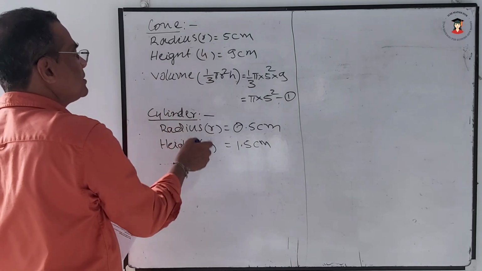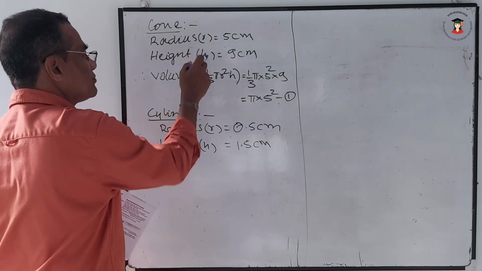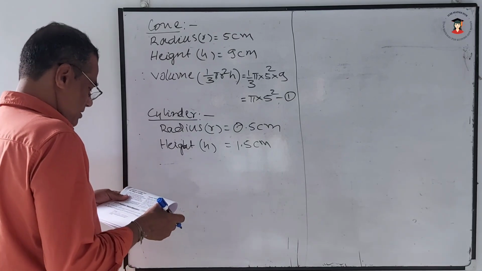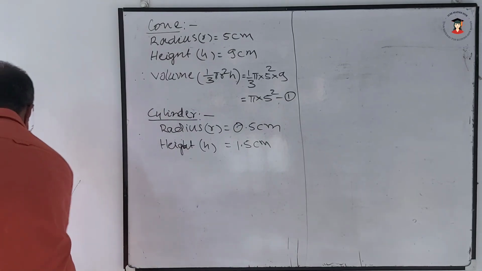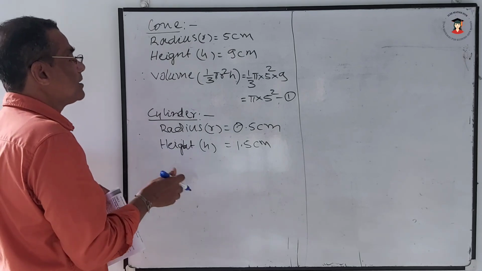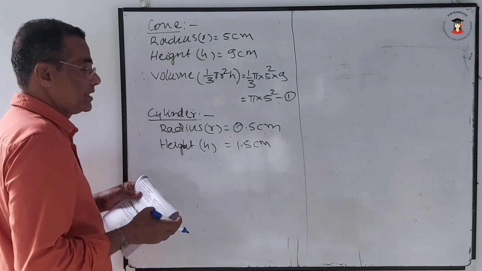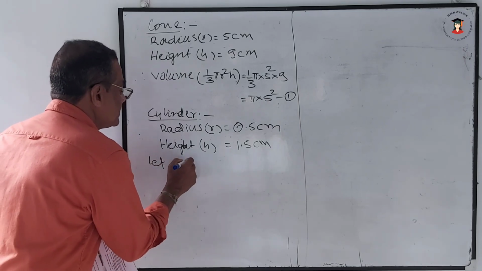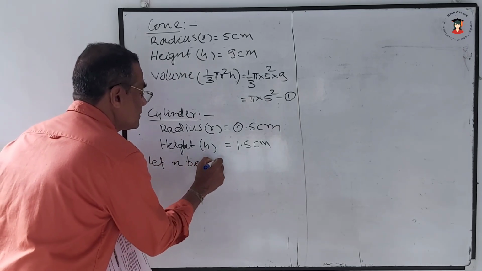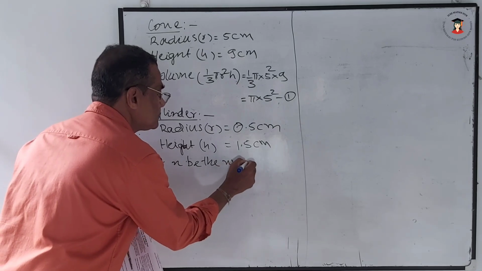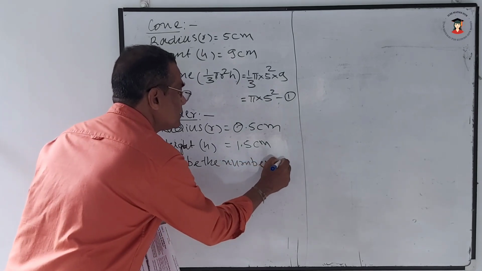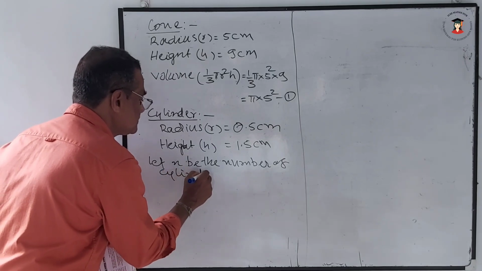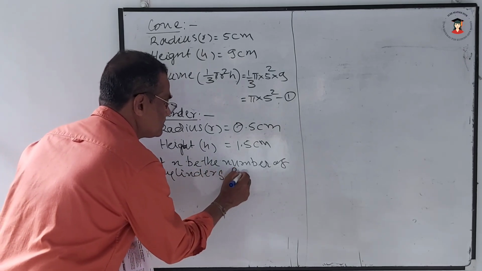Instead of r and h, you can also put r1 h1 and r2 h2. In that way also you can do the problem. Here one cone is melted and a number of cylinders are made. Let n be the number of cylinders formed.